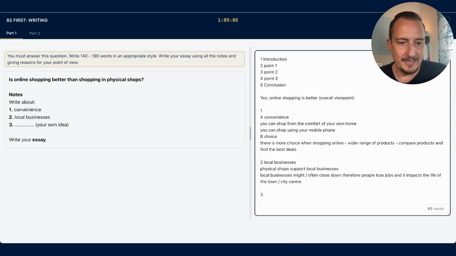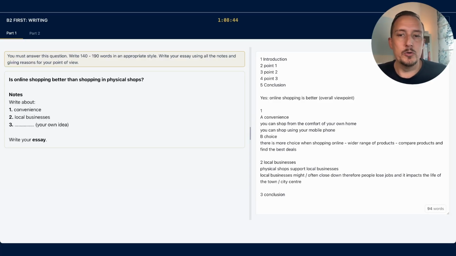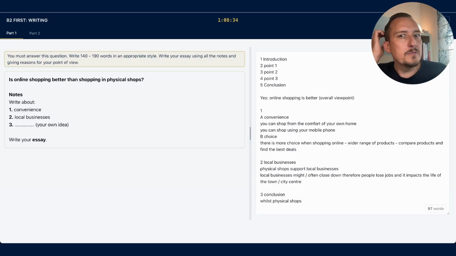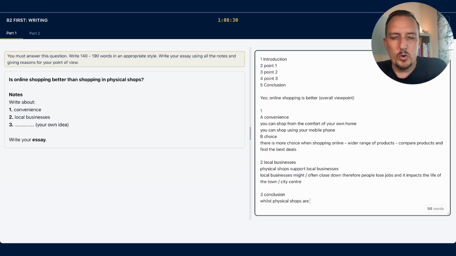In general, what the conclusion will do is say, whilst physical shops, and then something, what can we say? Whilst physical shops are good, probably want a better word than good, but that's the point.